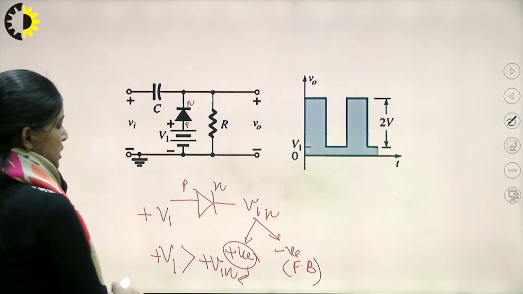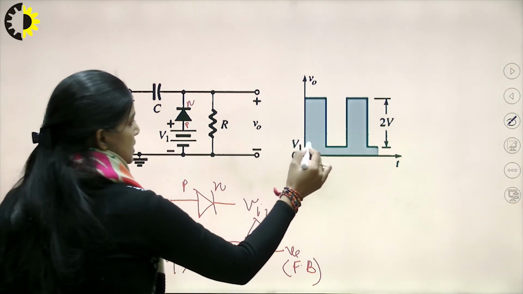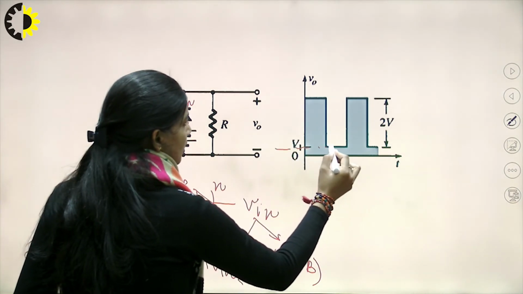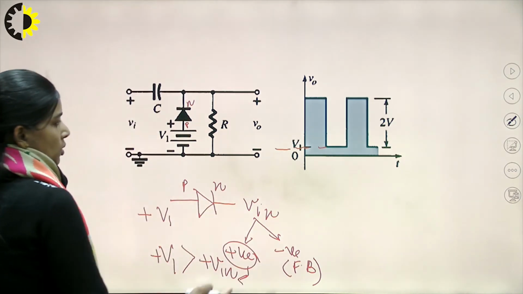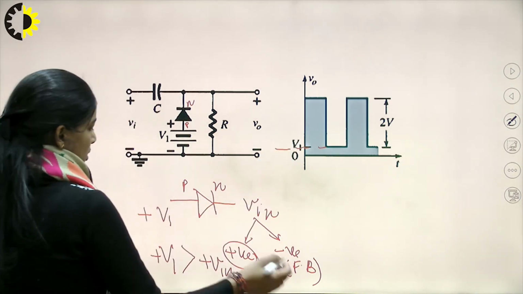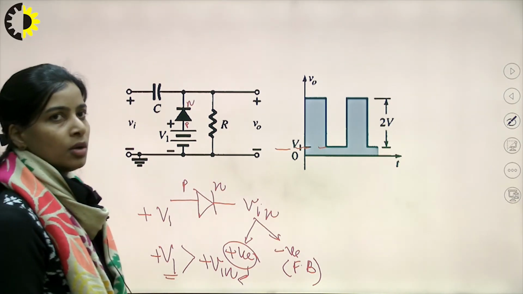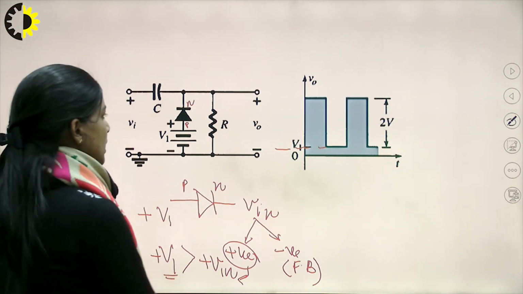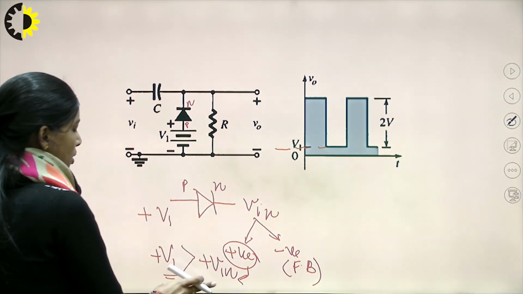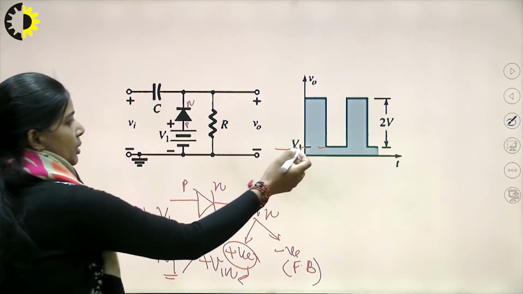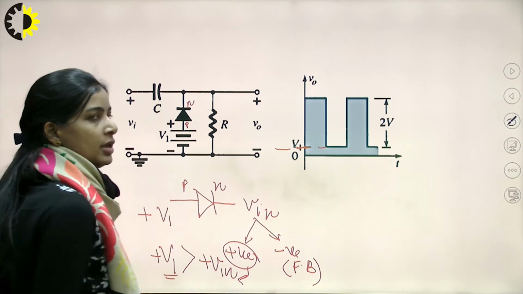So for the positive cycle, this is the level of V1. Up to the point when V1 is greater than V in, there will be a DC value of this forward bias appearing across V1.